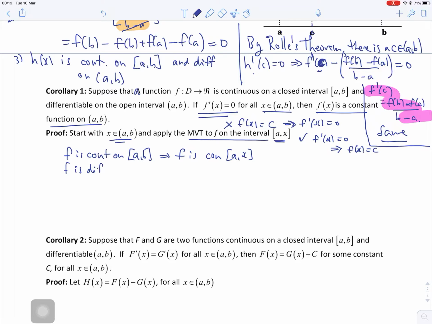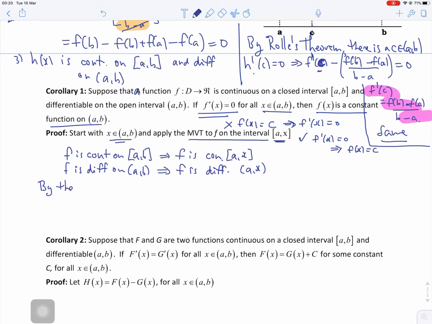And if f is differentiable on the open interval AB, then we know it's differentiable on the open interval ax.